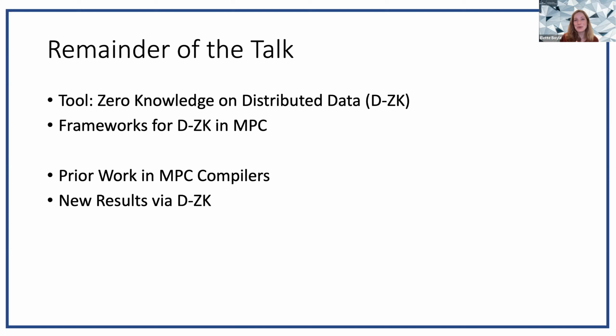And it's not just one approach, but there's at least two different high-level approaches that we've already identified, and quite possibly there are many more. Then I'll talk about how this translates to actual concrete results for MPC compilers, and I'll be focusing on these new results in the dishonest majority setting.